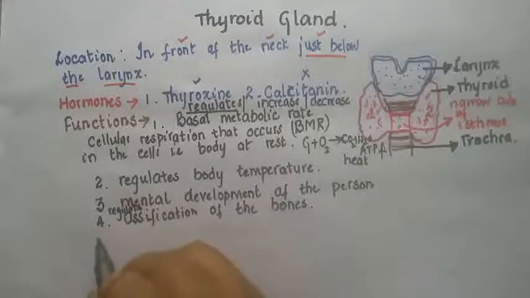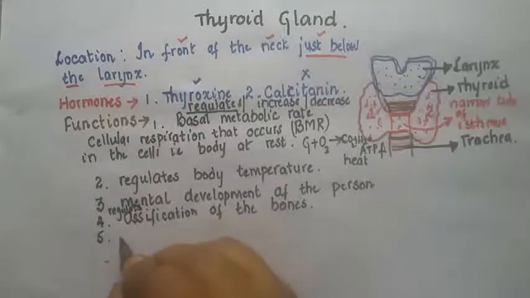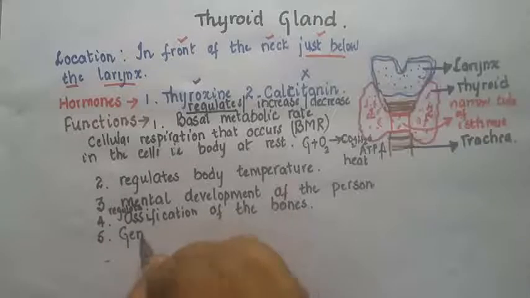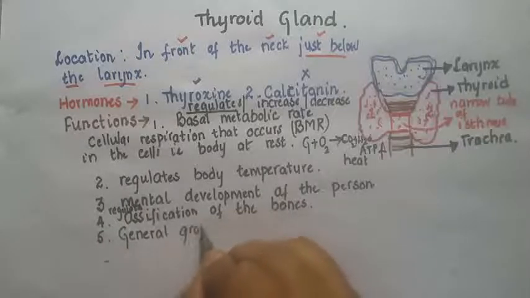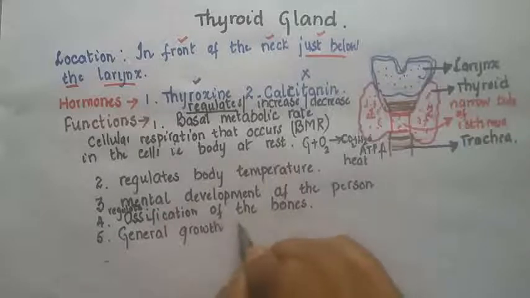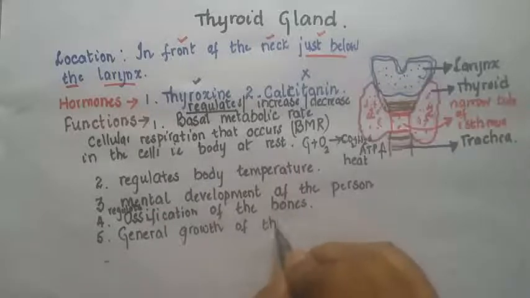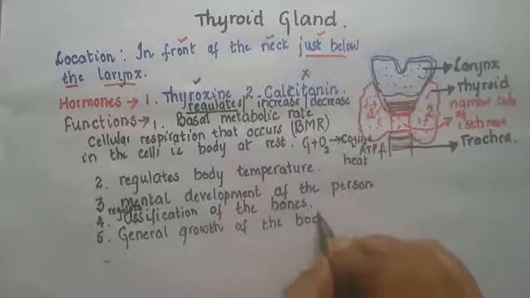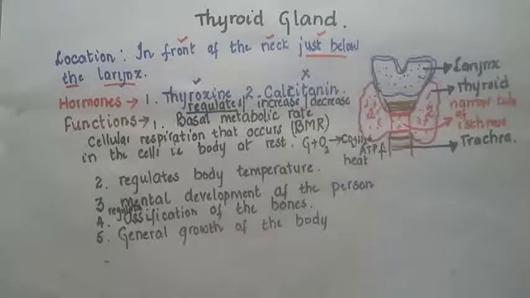Fine. Along with these functions, thyroxine also helps in the general growth of the body. Children, whenever you are writing about growth, you have to be very clear. You have to write about general growth of the body. So what is the meaning of general growth of the body?